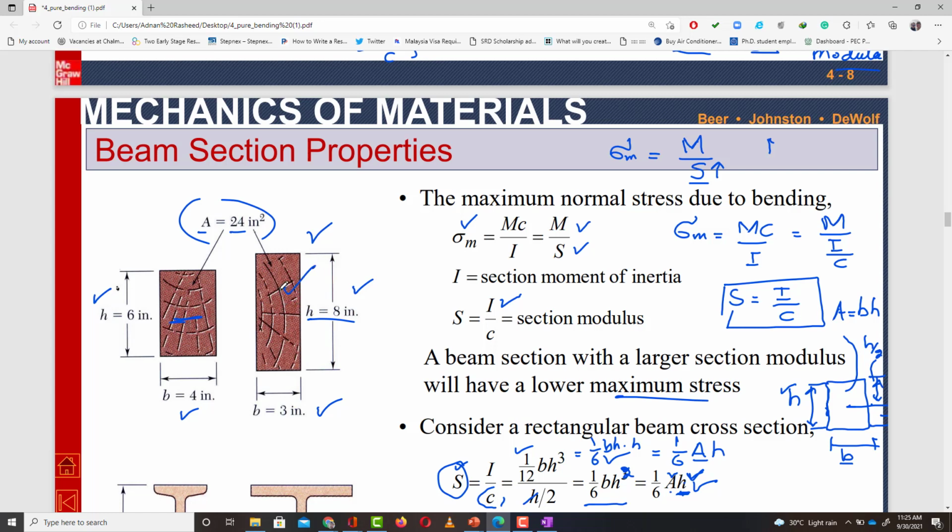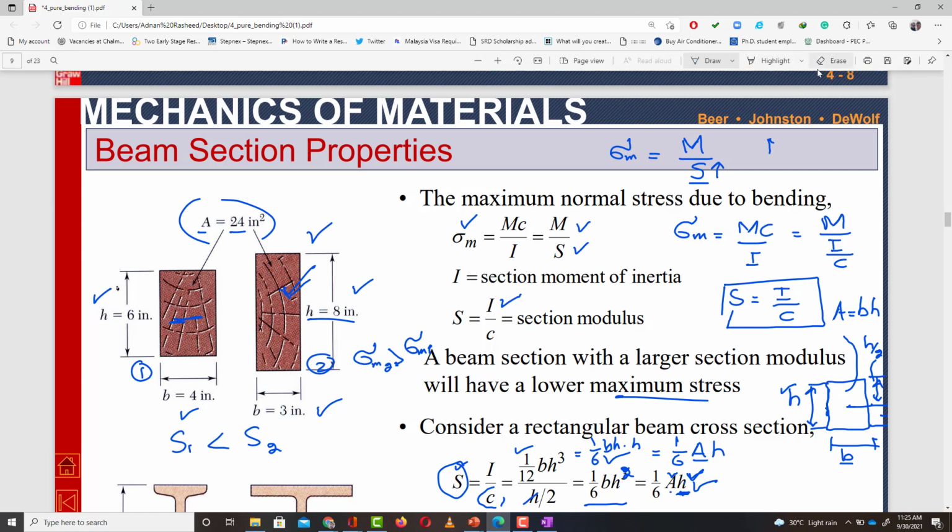So if height is higher, definitely the value of section modulus for this beam will be higher than this. Clear? So let this be 1 and this be 2. Section modulus of 1 will be less than section modulus of 2. So definitely sigma m2 will be less than sigma m1. Sorry, again you people are sleeping.